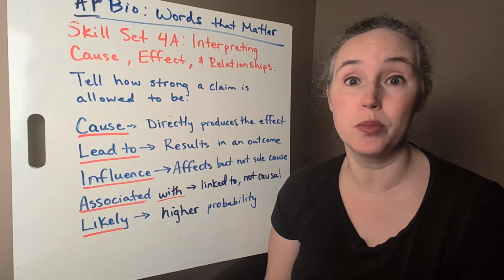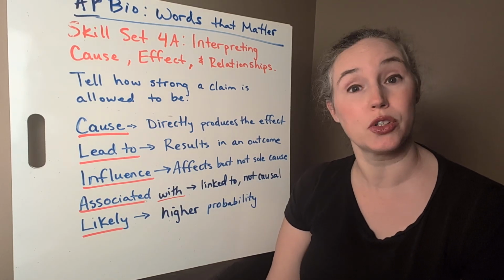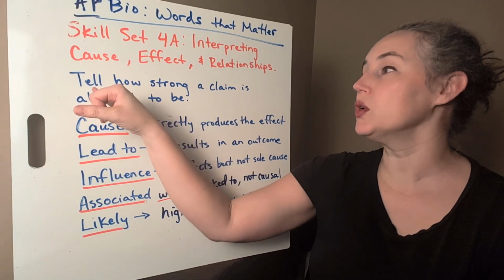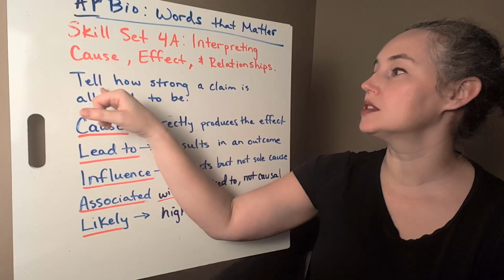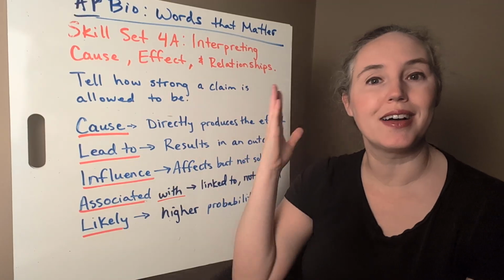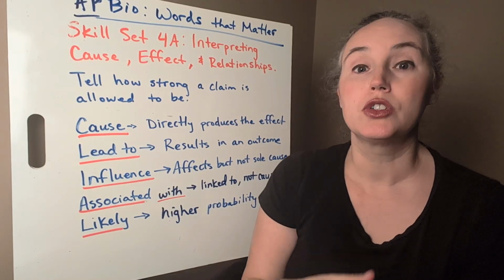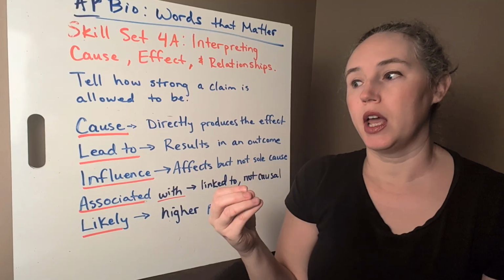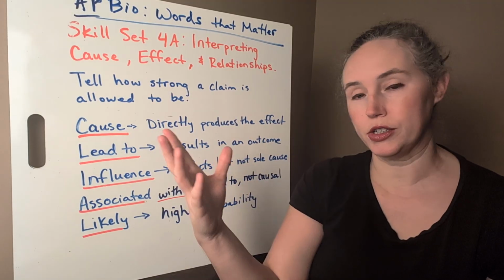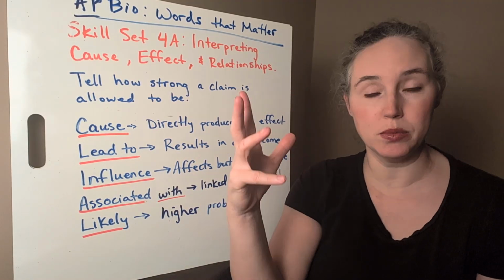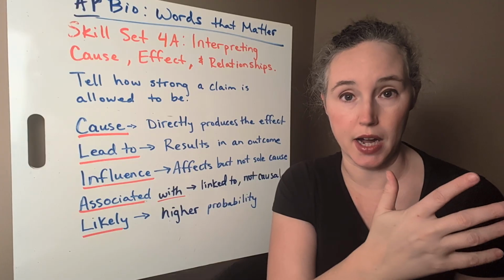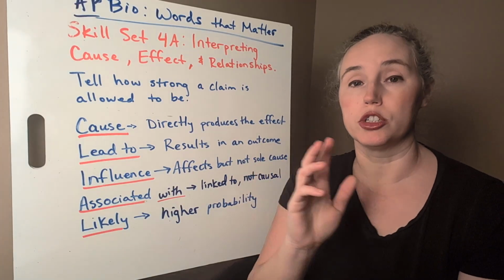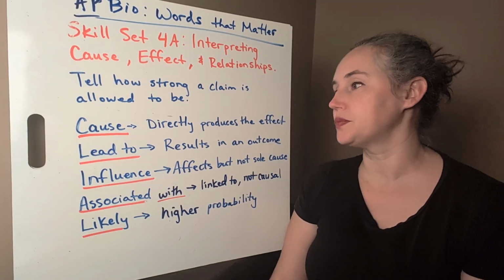These are words that are really important for science process 6, which is argumentation. Here, we're going to tell how these words tell how strong a claim is allowed to be. So if you have a question that asks you to claim something and then to justify, these are words you're going to see in that context.